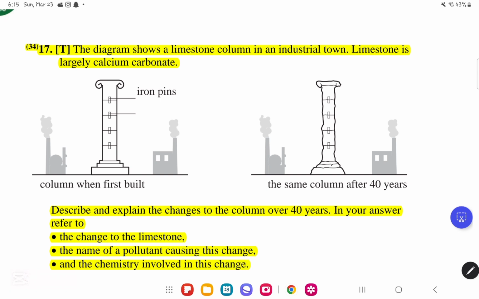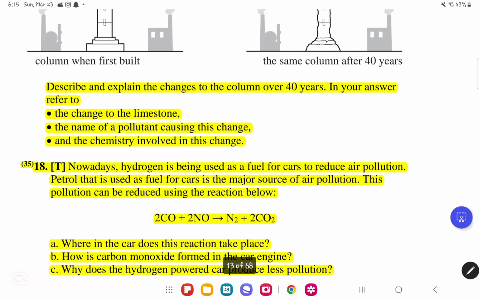The diagram shows a limestone column in an industrial town. Limestone is largely calcium carbonate. We have the column when first built and the same column after 40 years. Describe and explain the changes to the column after 40 years. In your answer, refer to the change to the limestone, the name of a pollutant causing this change, and the chemistry involved in this change.